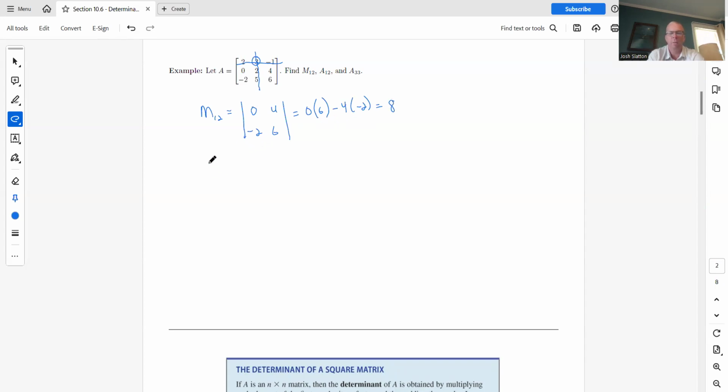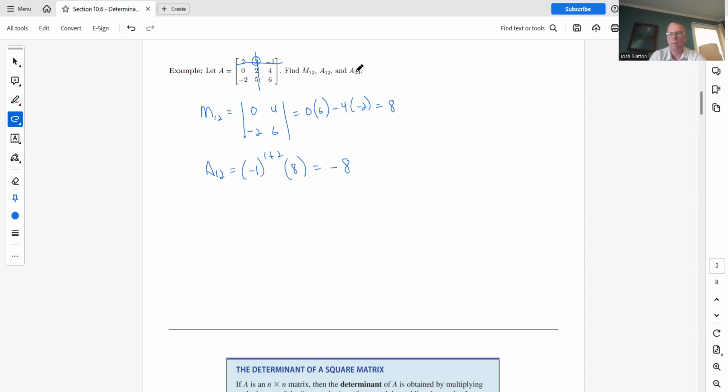To find the cofactor, that would be -1 to the 1 plus 2, times the minor, which is 8. So -1 to the third is -1, times 8, so that's a -8. That's all you have to do: whatever row and column you're on, delete that, and then find the determinant of whatever's left.